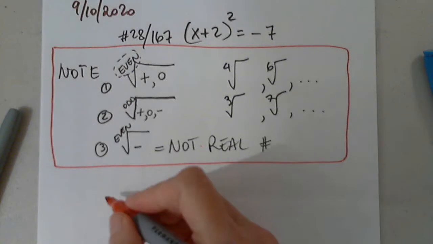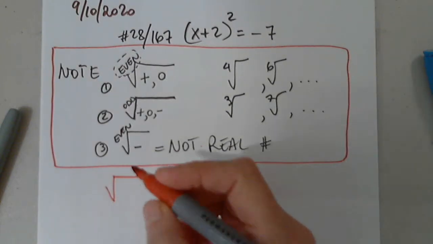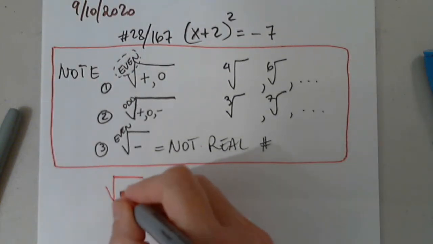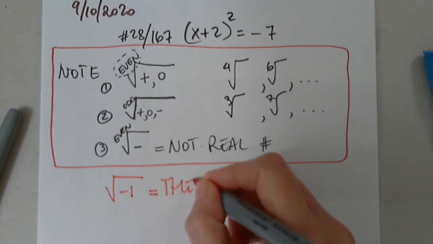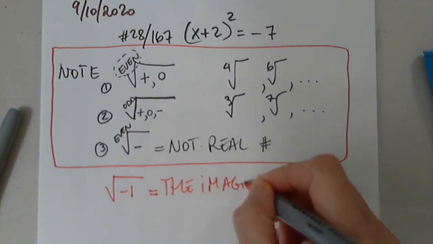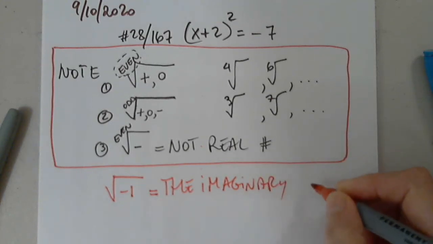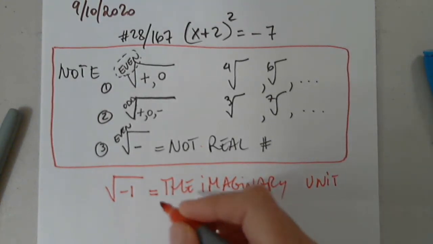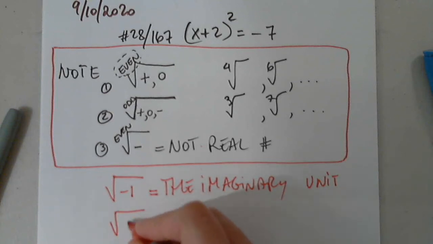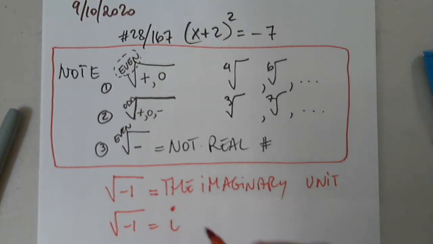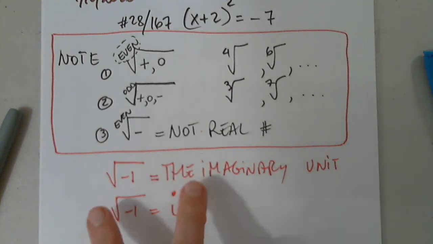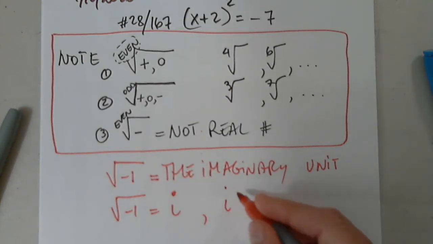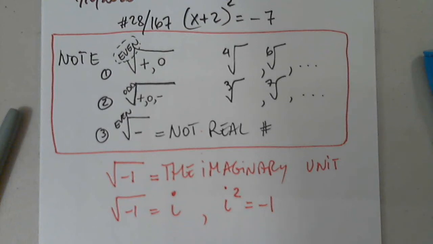You may remember from your past math classes that the square root of -1 is called the imaginary unit, and it is denoted by i. Also, when you square both sides, i squared equals -1.